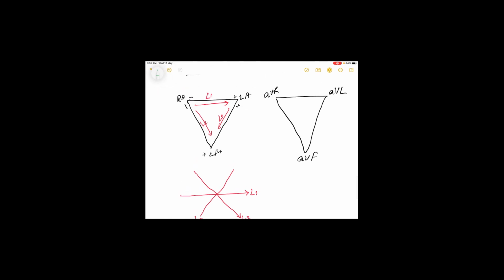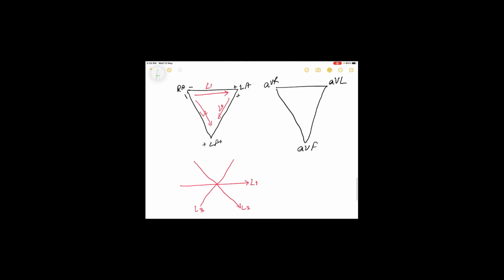Now we'll come to augmented leads. As I told, in an augmented lead, suppose AVF, the electrical activity is measured between these two electrodes, so the direction is here. Similarly, this is for AVL and this is the direction of current for AVR.